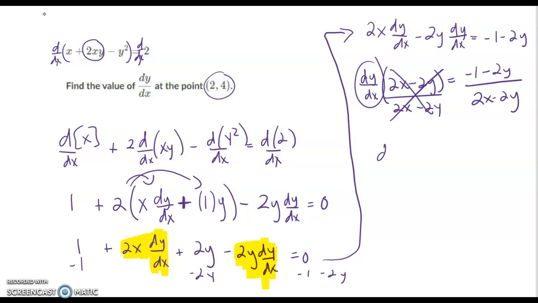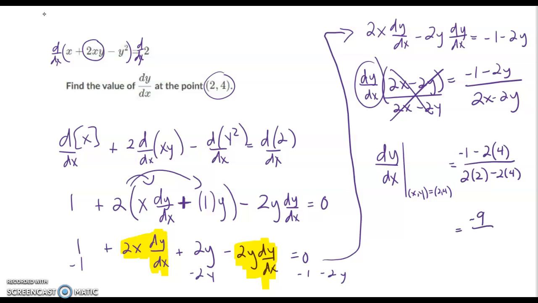Okay, now at the point (2, 4), I have negative 1 minus 2 times 4 over 2 times 2 minus 2 times 4. And that's equal to negative 1 minus 8 is negative 9. 4 minus 8 is negative 4, with a solution of 9/4.